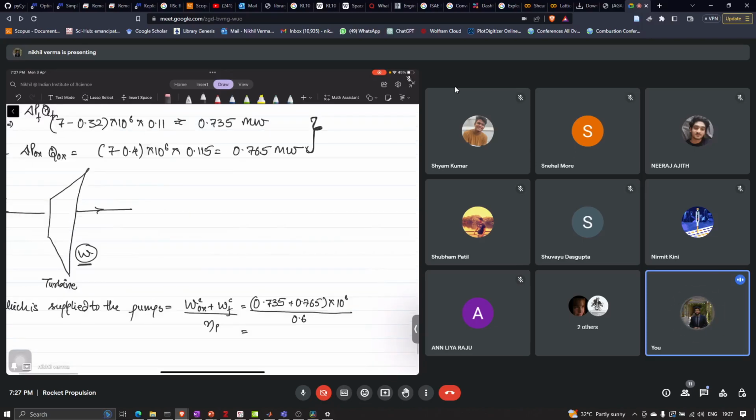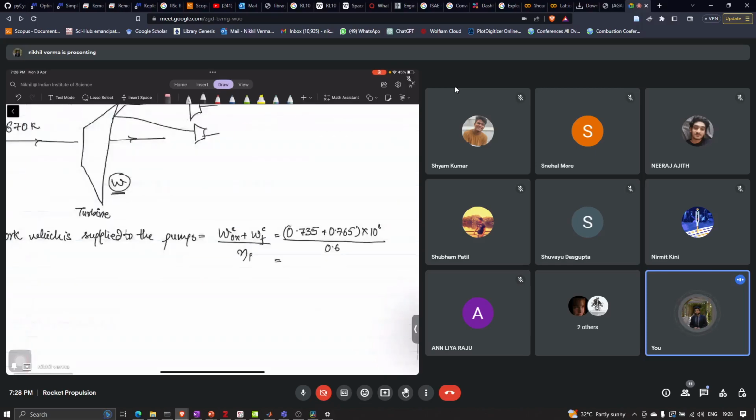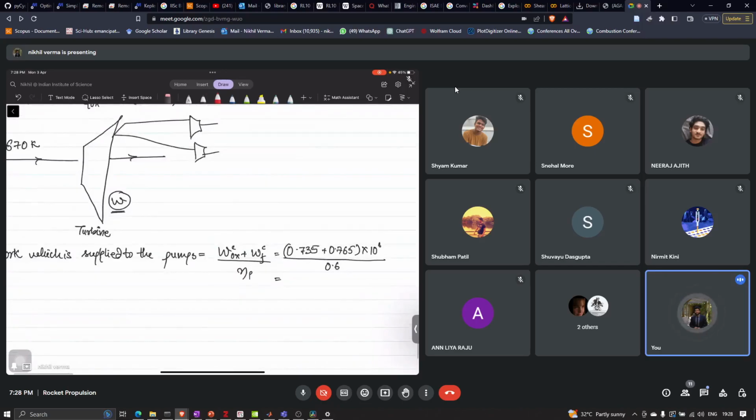So this turbine is again connected to this pump side. So this is for fuel and this is for the oxidizer. Okay, so with this you will get the value as 2.5 into 10 to the power 6 watt.